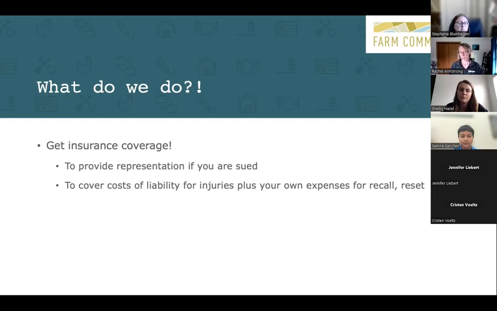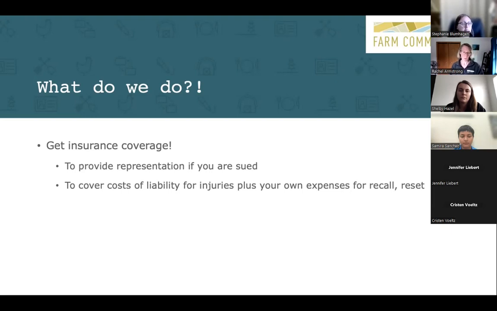So food safety insurance is not just about the injured person. It can help you in covering your own costs after a food safety incident. So, if you end up like the Colorado cantaloupe farmers, you're going to need to recall some melons, lots of melons, maybe.